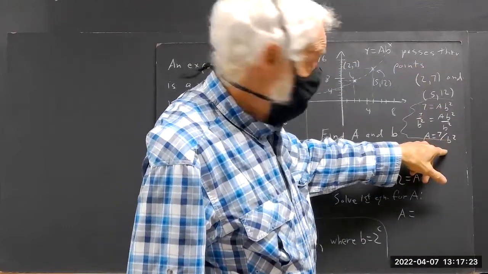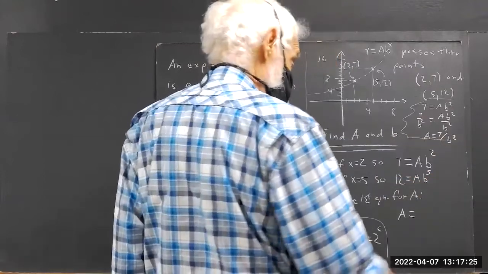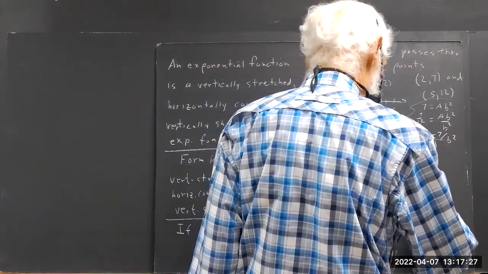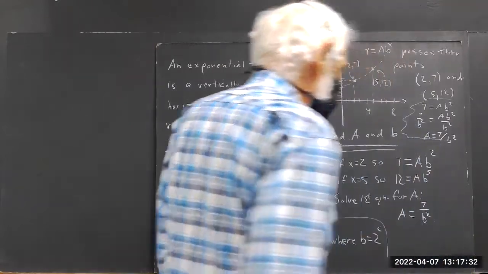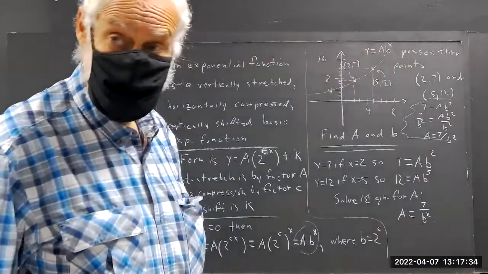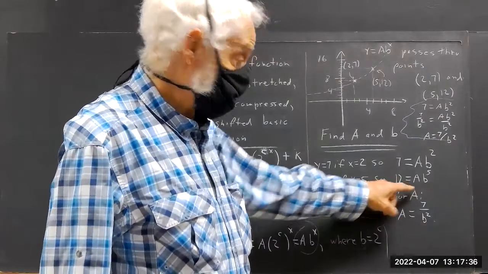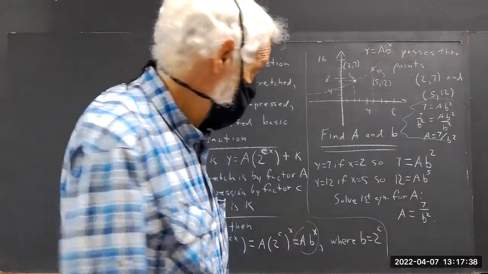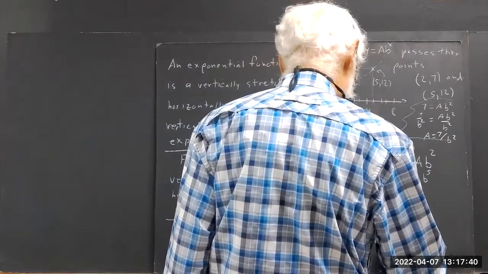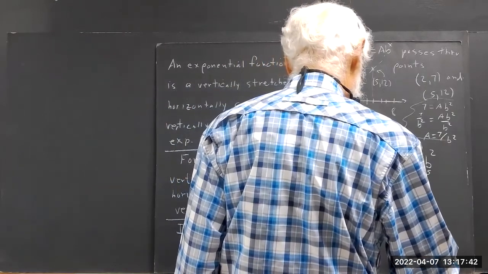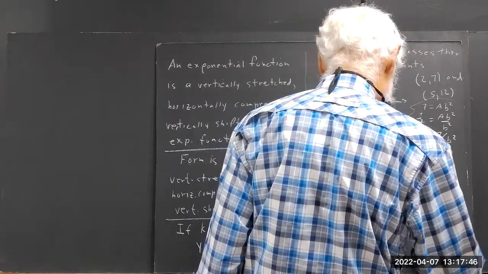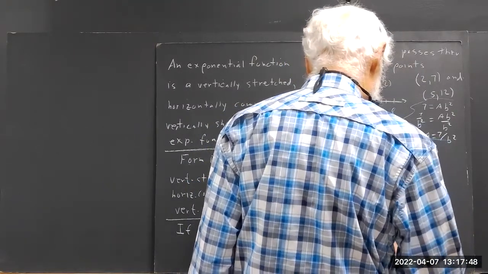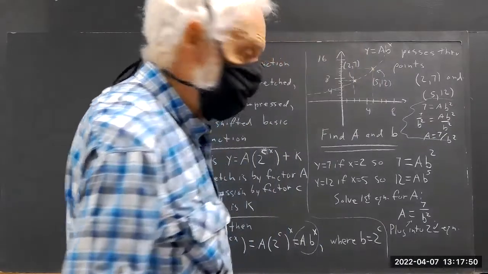So a is 7 over b squared. Now let's plug that expression in for a in the second equation. Plugging it into the second equation, what do you get?